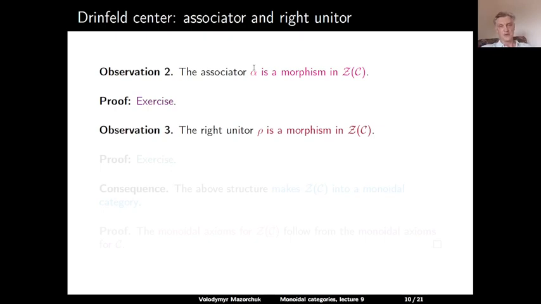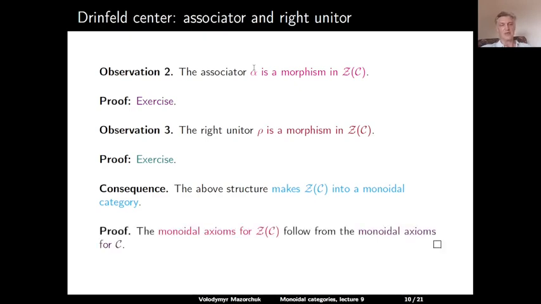And also the right unitor lifts from C to the Drinfeld center. And then one can check that this structure which we have, tensor product, associator, and the two unitors, makes the Drinfeld center into a monoidal category. So the monoidal axioms for the Drinfeld center can be lifted from the monoidal axioms for the monoidal category C.